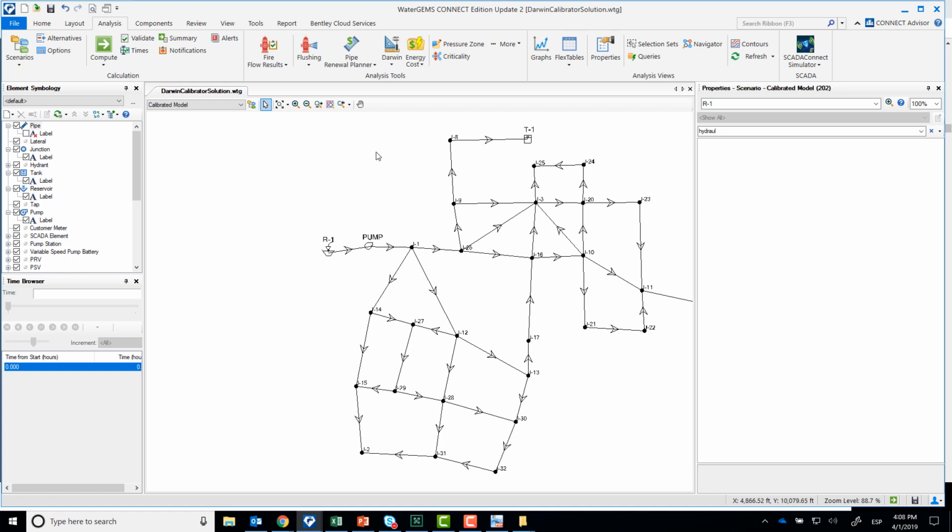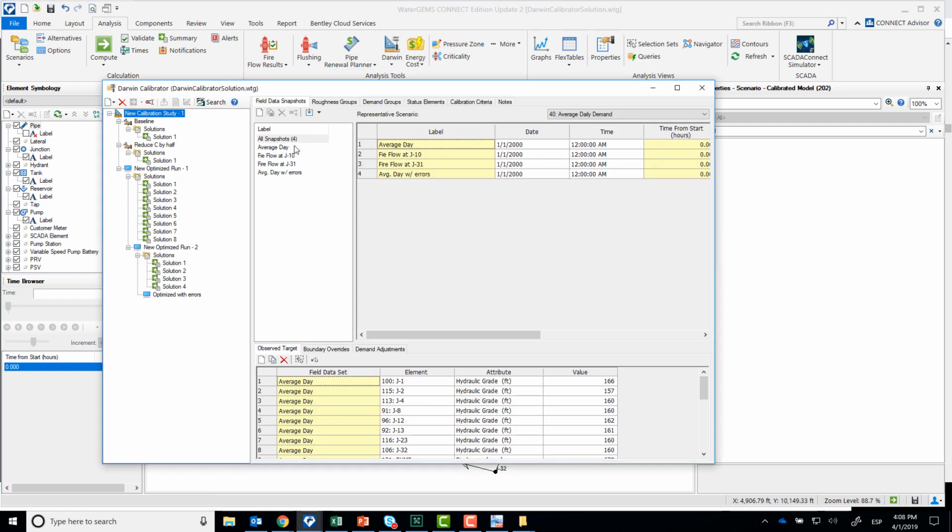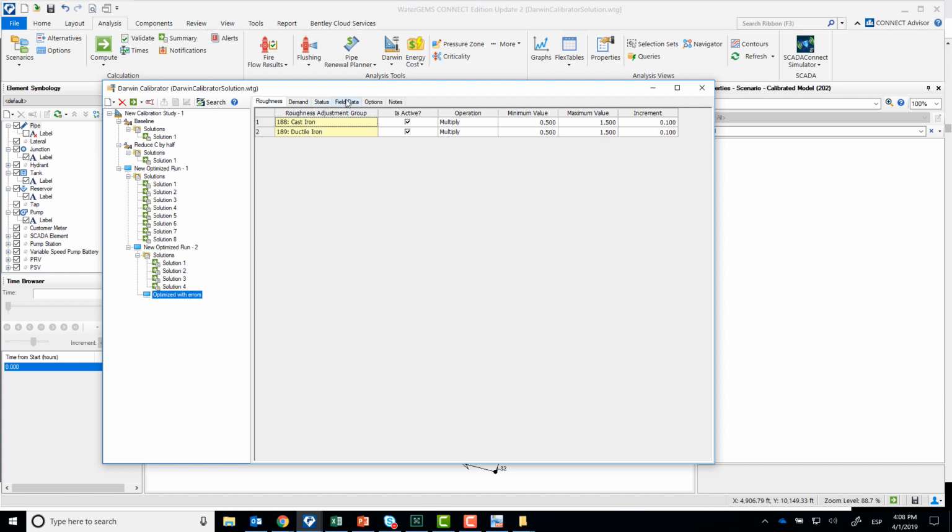I know we're running 5 minutes late, so I will take 2 more minutes of your time. If you open the solution file, you will see that there was some bad data imported for average day. And when you run this with the error, so when you include that data, you're going to see that the results are very different.